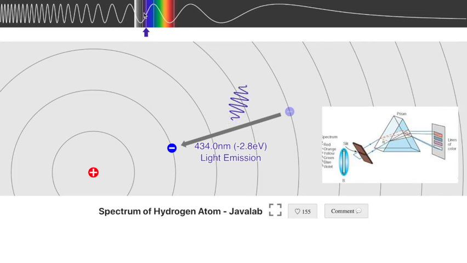There is an inverse relationship between frequency and wavelength, and when you multiply frequency by wavelength, you get 3.0 × 10^8 meters per second, the speed of electromagnetic radiation, or what we might call the speed of light.